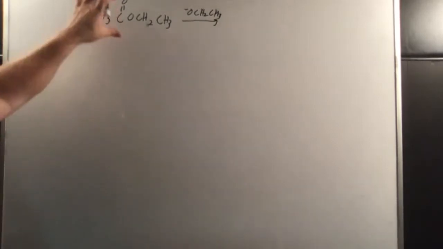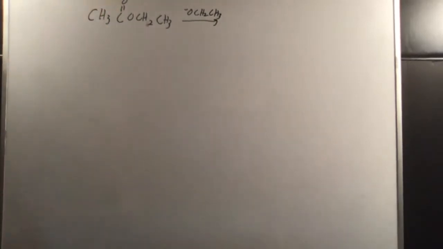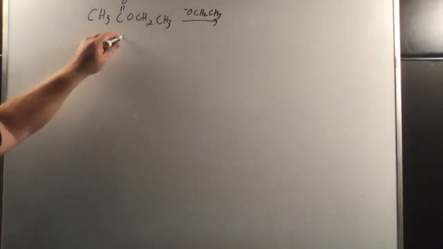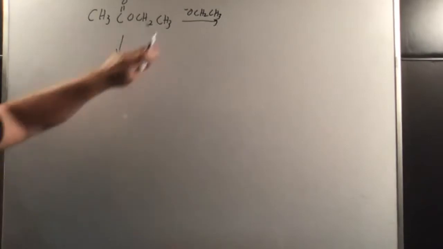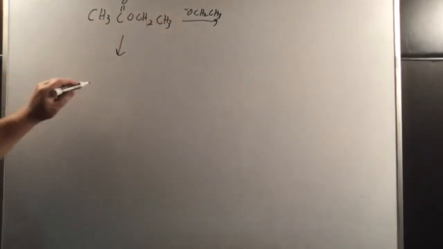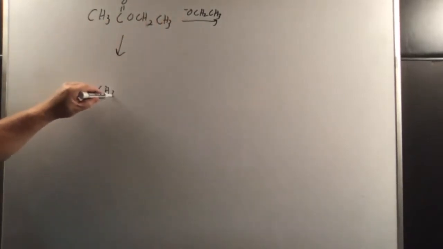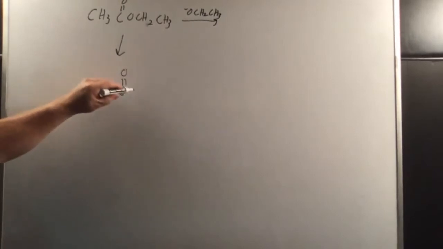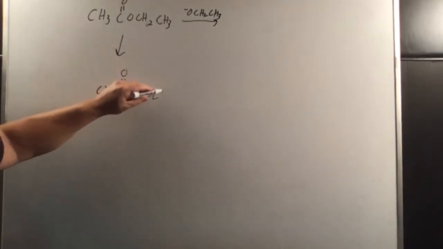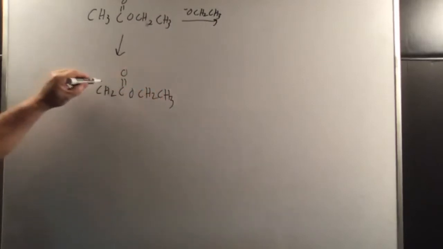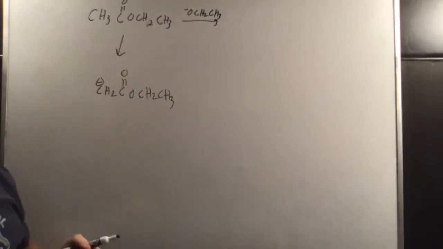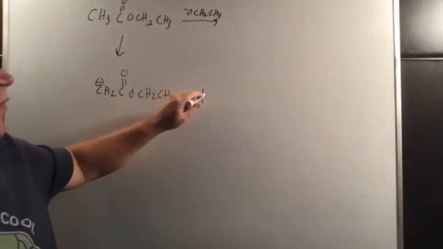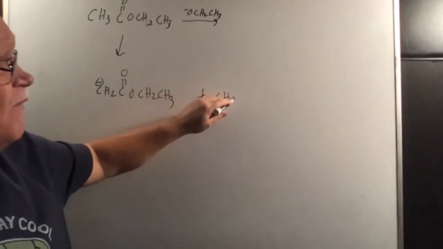Now remember, whenever I only give you one compound, that means it's going to react with itself. So the first thing that's going to happen is this is going to deprotonate the alpha carbon. Now watch what happens next. This reacts with another molecule of itself.